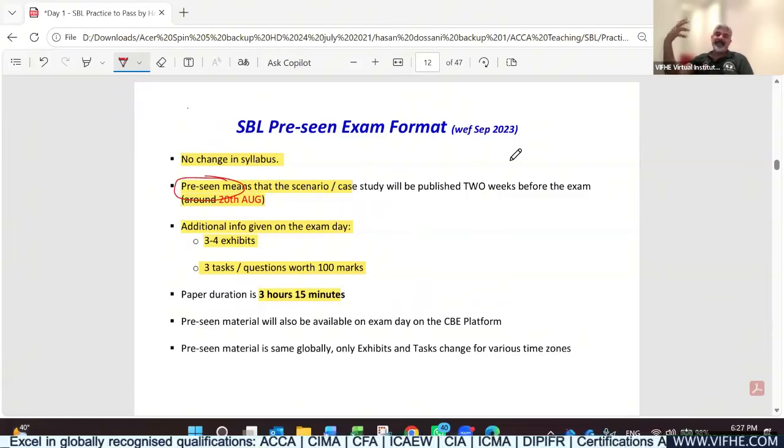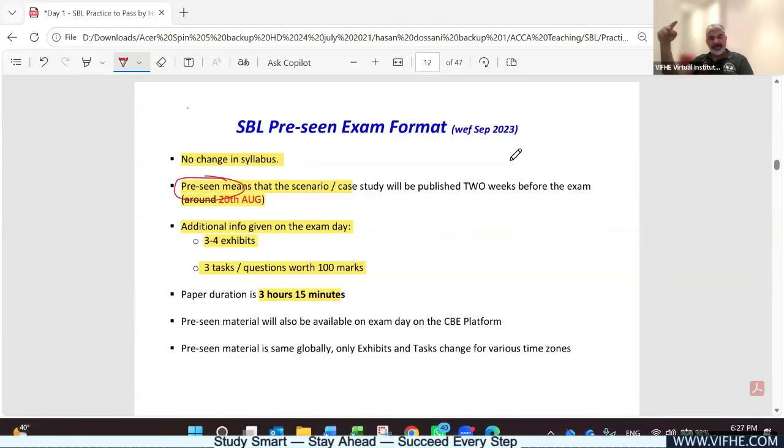So will the pre-seen be the same for all the students globally? What do you think? Is the pre-seen material the same for all the students globally? Absolutely yes. The pre-seen material is the same for all countries. But what will be different?